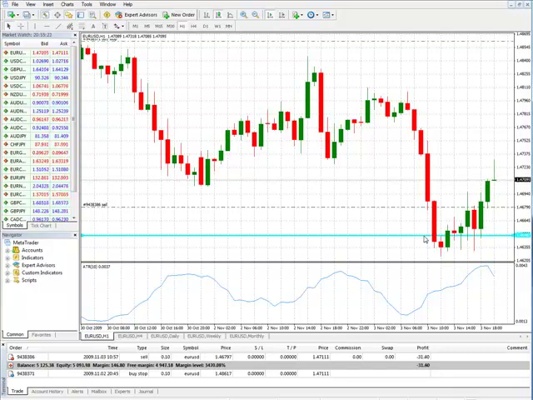Giving the market enough room to move, that can be the challenge, especially for individuals with smaller account sizes. But it could be the same challenge for, let me erase that line, people with large account sizes if they are risking too large a percentage of their equity per trade.